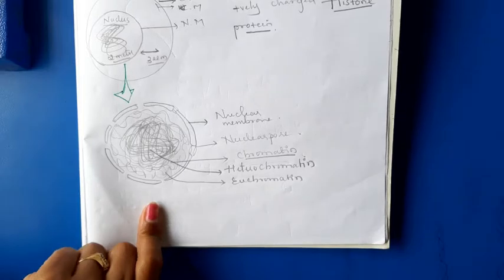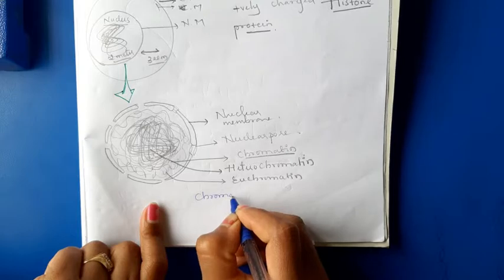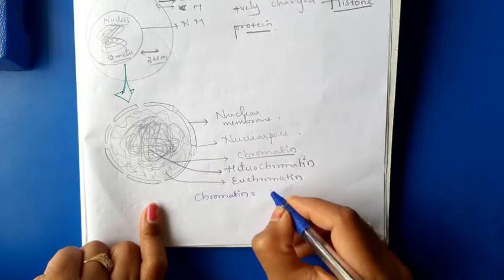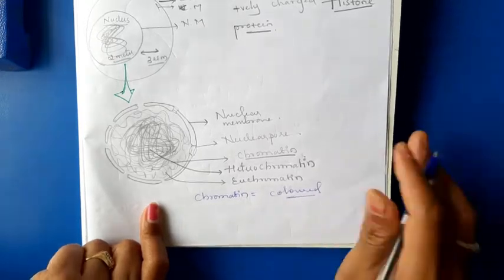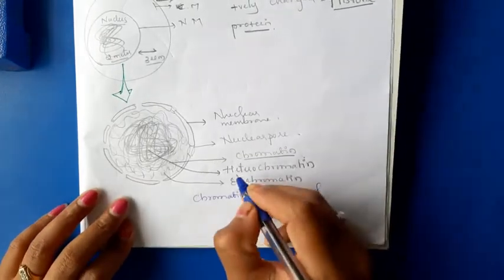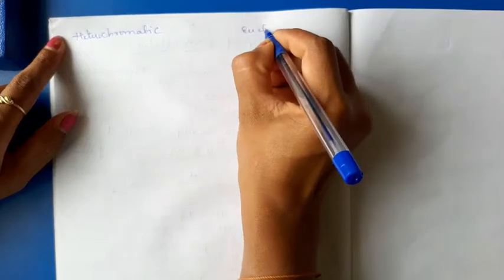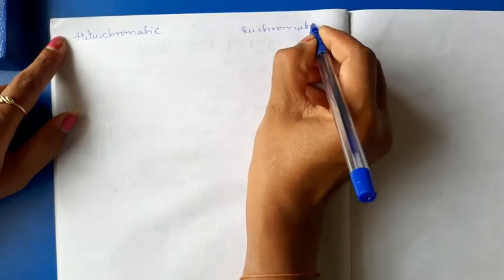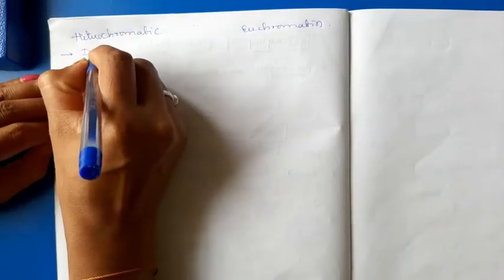It's very simple. Chromatin in the sense of colored material, or the DNA. Heterochromatin is very densely stained.